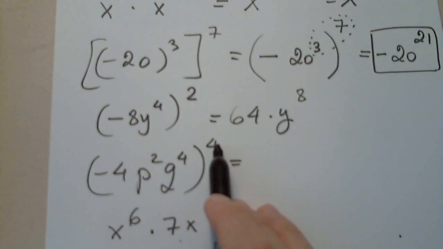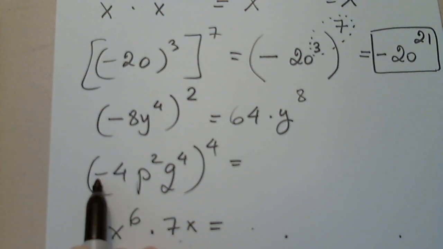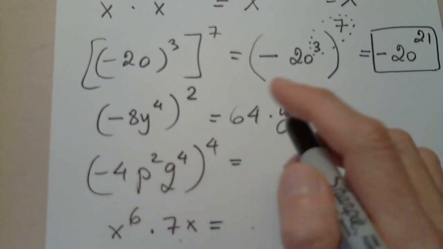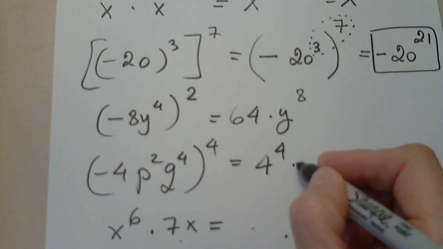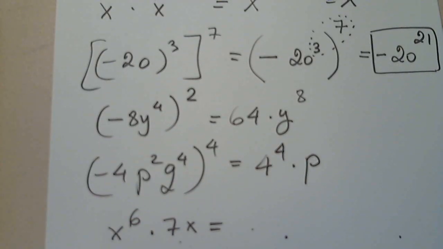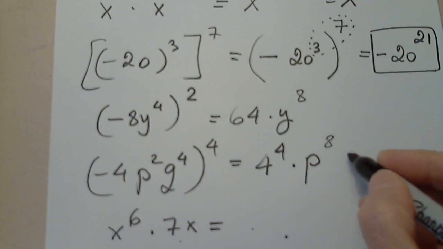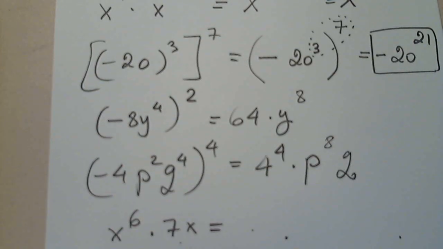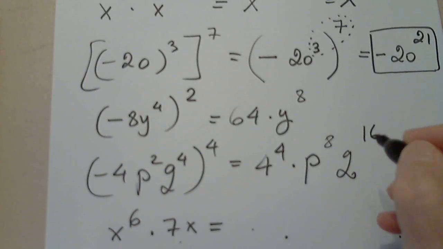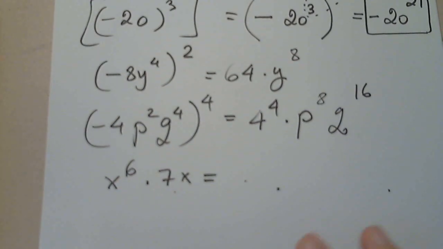Negative 1 to the 4th power. Is it positive 1 or negative 1? Positive. Yes. So all I have to write is 4 to the 4th. That's good enough. p to which power? 8. Good. q to which power? 16. That's it. Moving on. Stop me if you have questions, please. Next one.